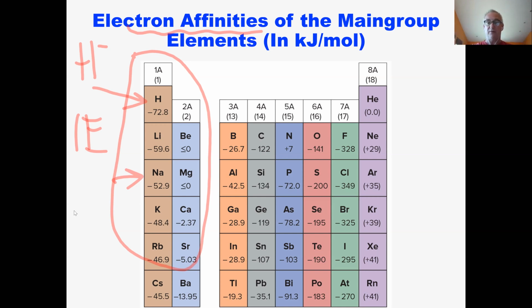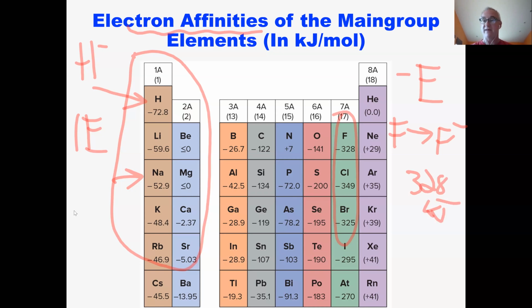On the other hand, if you look at the halogens, they have very high electron affinity. High affinity means that the energy associated with them is highly negative, meaning it will happen spontaneously. This means that when fluorine becomes fluoride ion, it releases 328 kilojoules of energy.